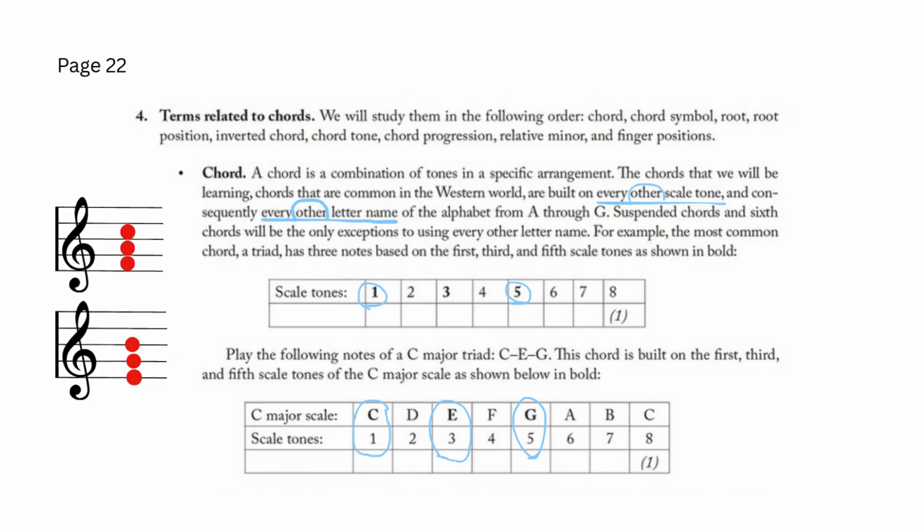Okay, so you can see how I have scale tones, and I've put in bold every other one. 1, 3, and 5. So play the notes of a C major triad, C, E, G. So this chord is built on the first, third, and fifth scale tones of the C major scale, as shown in bold.